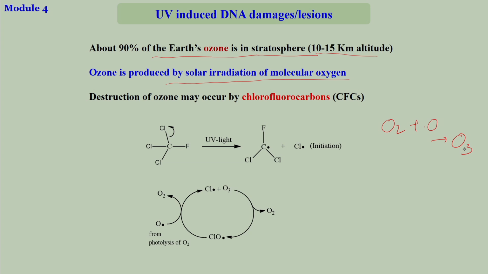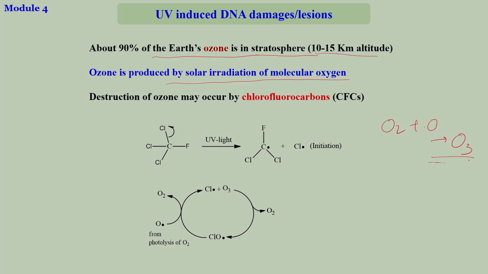That is how the cycle goes on in the stratosphere. It keeps the density of ozone intact there. And the ozone layer shields the UV radiation from reaching the earth's surface. So, the UV radiation cannot reach our earth because of the ozone shield.